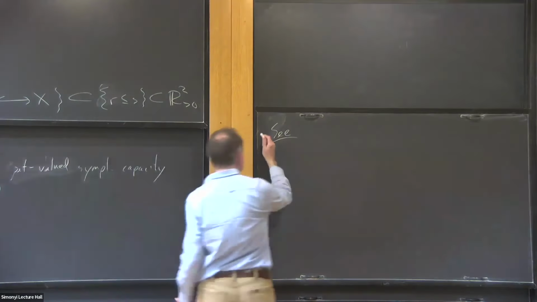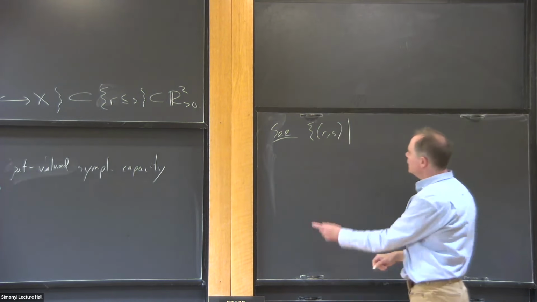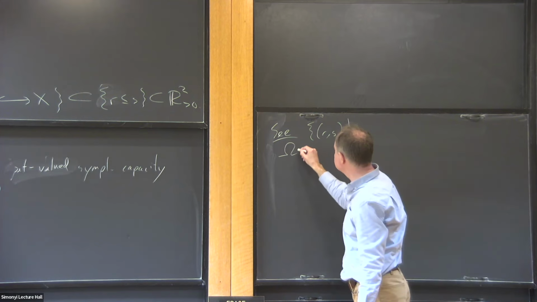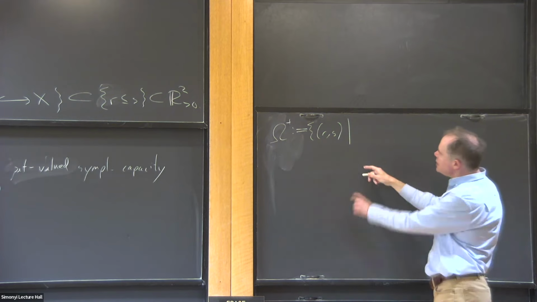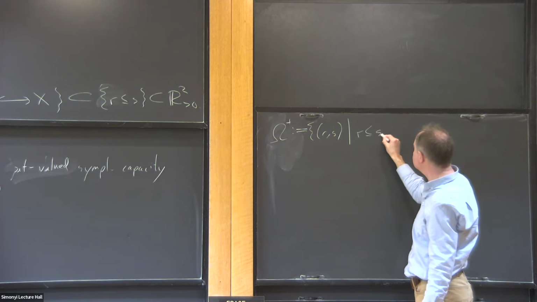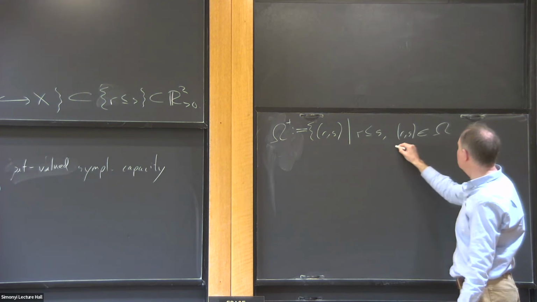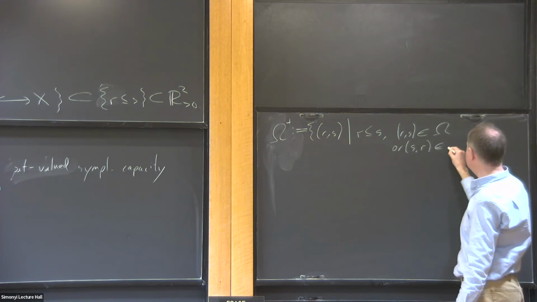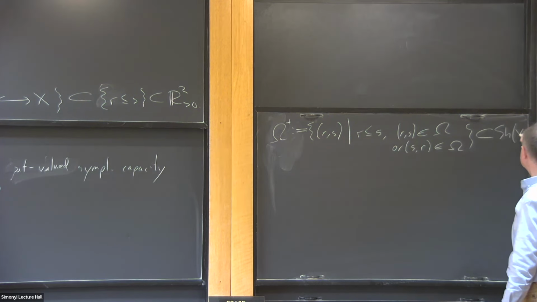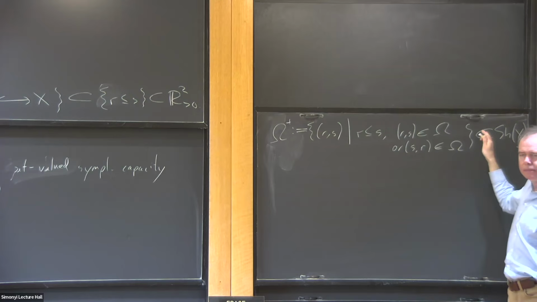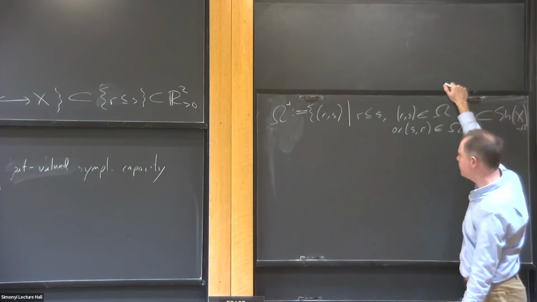To be a bit more precise, if you take all pairs (R,S), let's call this omega plus, by definition it's a set of pairs such that I want R to be less than S, and then either (R,S) is in omega or (S,R) is in omega. That is a subset of the shape X omega. So roughly speaking, the moment image is automatically a subset of the shape, up to reversing factors.